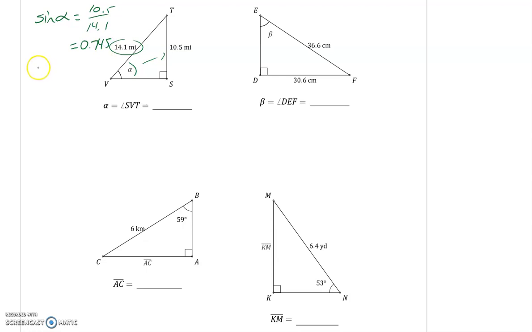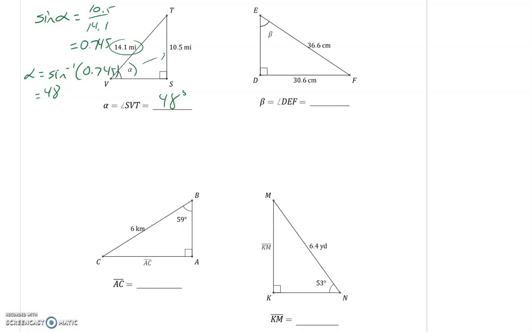And then to actually find the alpha, I am going to take the inverse sine of that 0.745. If I do that, we're getting 48, so that should be around 48 degrees or so.